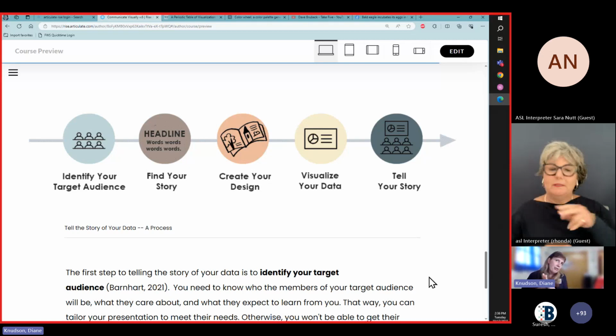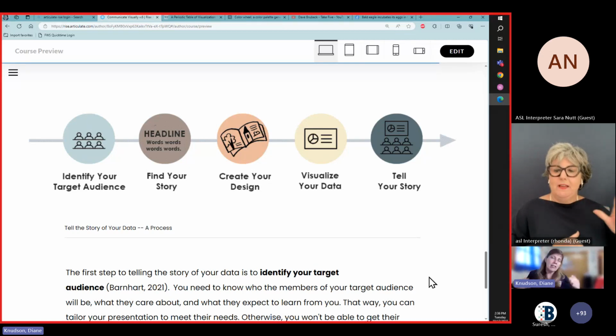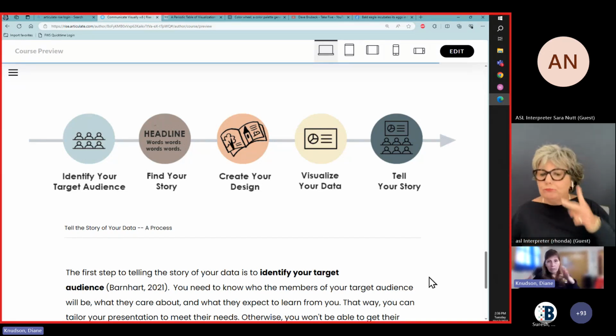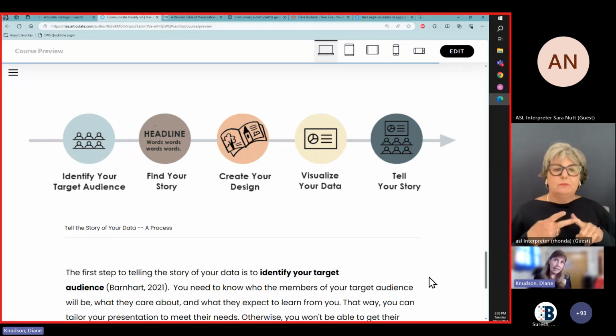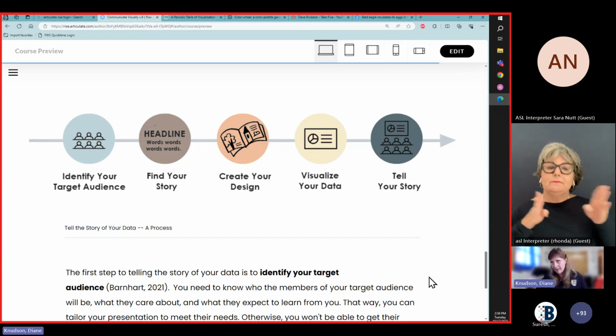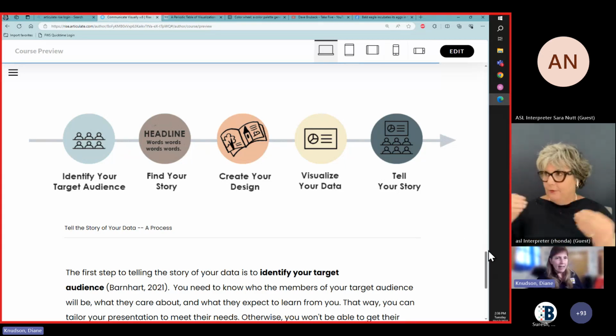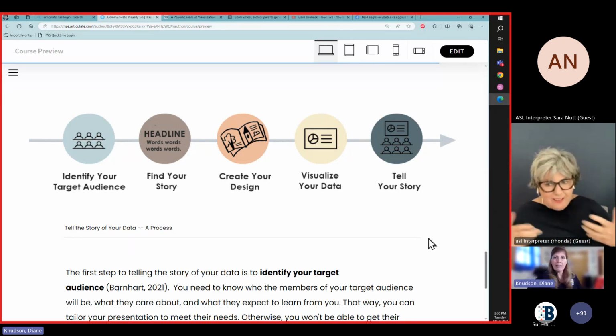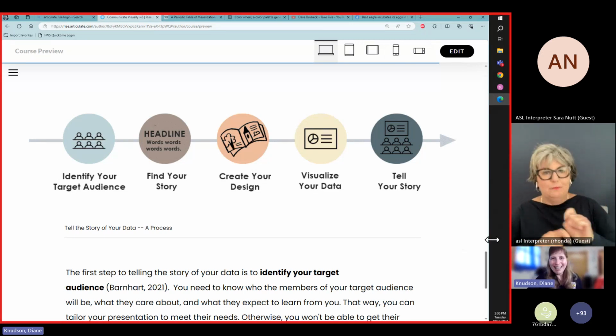The first thing we'll do to tell the story of your data is to identify your target audience. Then next we'll find your story in the data, and that'll make more sense in a little bit. Then we'll create your design, we'll visualize your data, and finally tell your story. And that seems like a lot in the time allotted, and it kind of is, but I'm sure that we can get through it together.